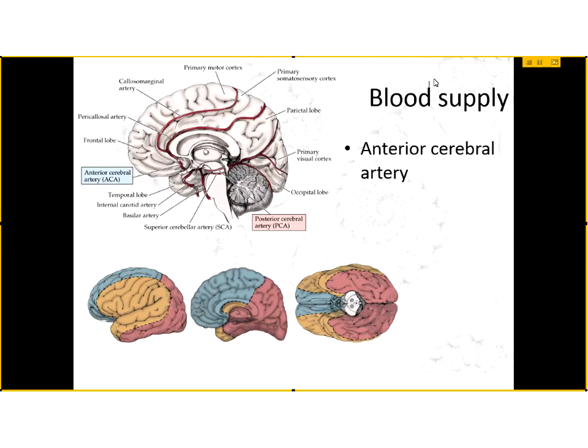If we have a blockage in the right, that would spare the left. So just to ask the question again, what happens if we have a blockage in one of our anterior cerebral arteries that's hitting this medial portion of the frontal lobe? What things might you think would be lost?